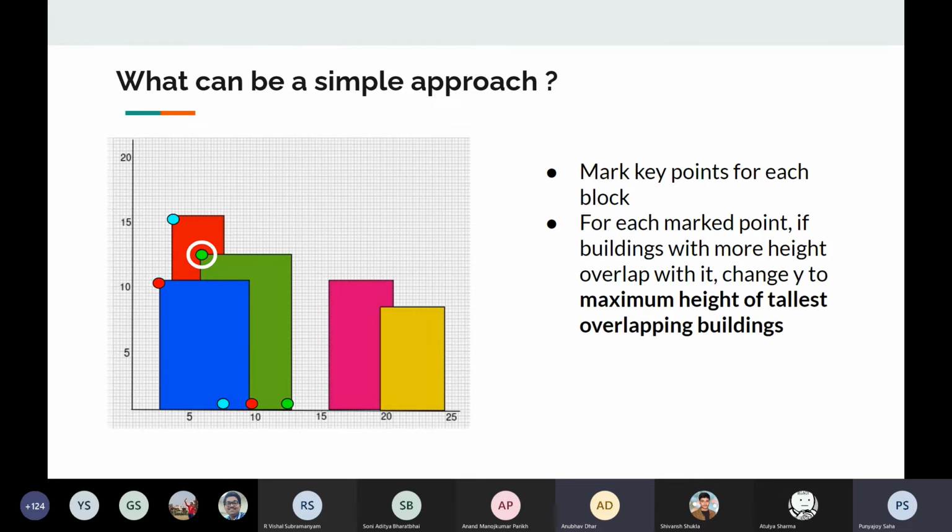Can anyone tell? The y coordinate will move up to the red roof. Yeah, that is correct.